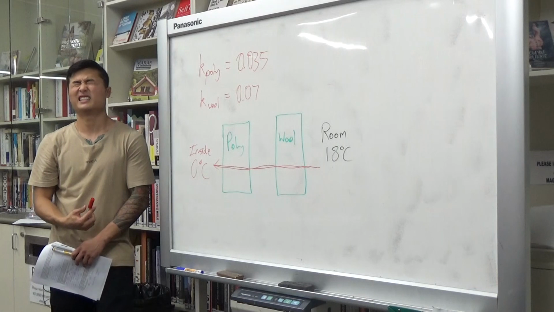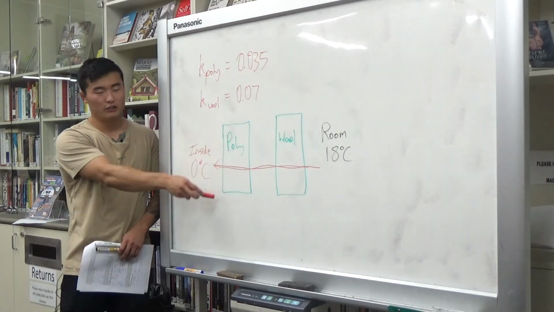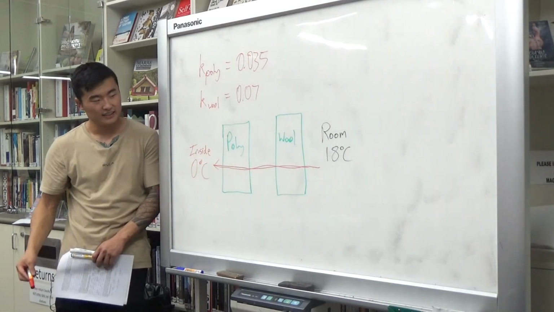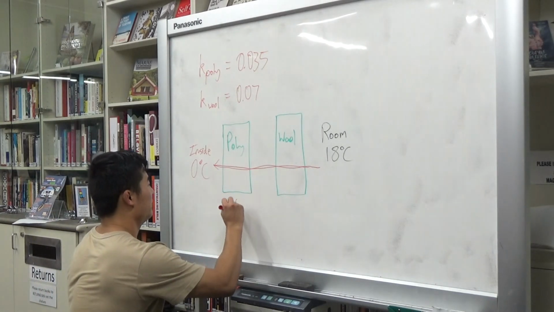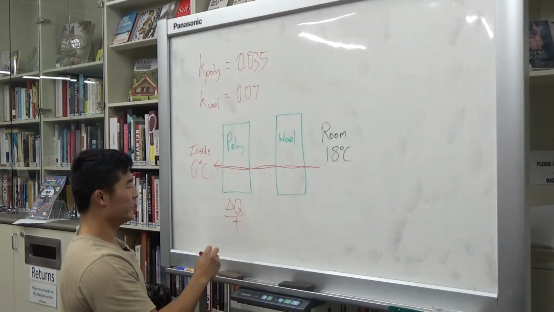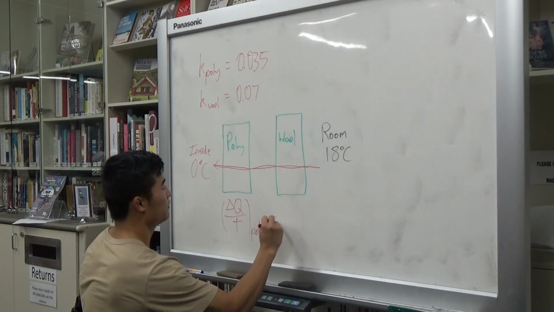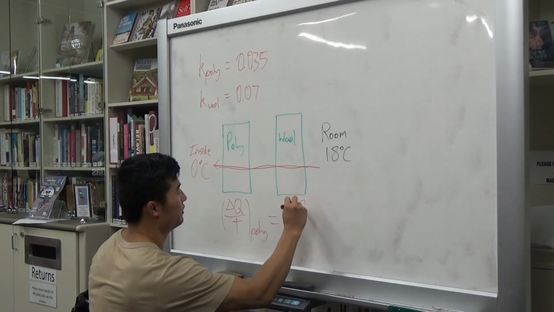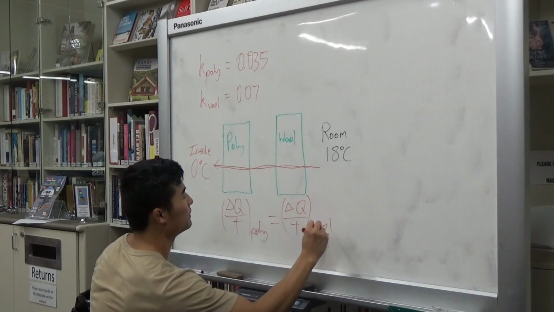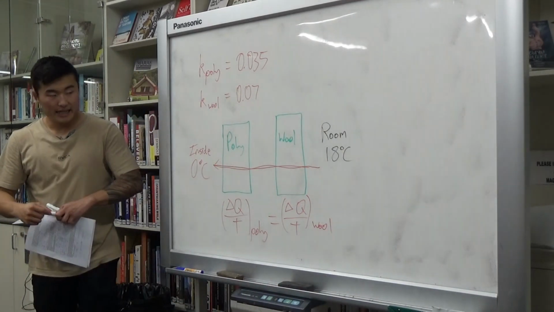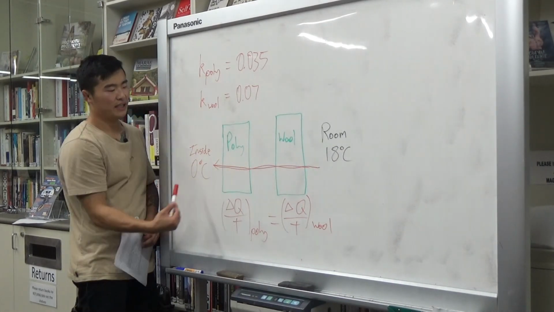So it's going to go at the rate of the slowest one, which is going to be the polystyrene. Okay. So what that means is that the rate of heat transfer through the polystyrene will be equal to the rate of heat transfer through the wool. Okay, so there's the same amount of energy passing through the wool and passing through the polystyrene.